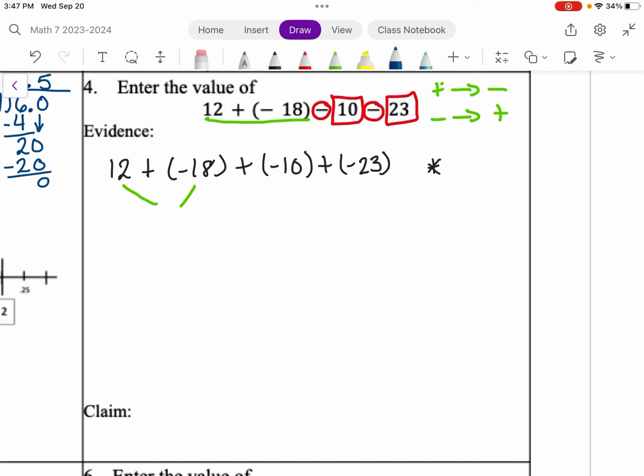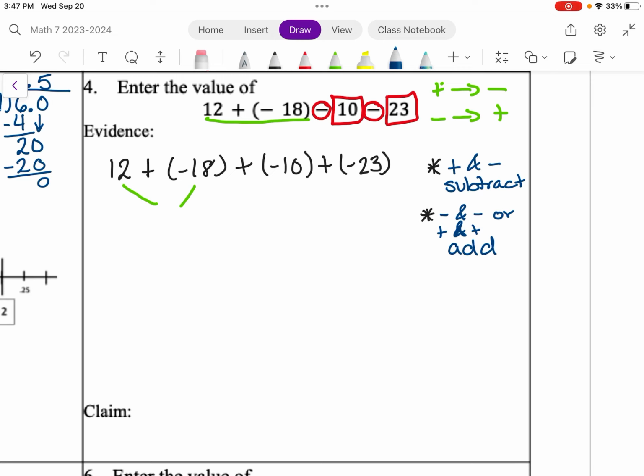If I have a positive and a negative, I am going to subtract. If I have a negative and a negative, or a positive and a positive, I am going to add.